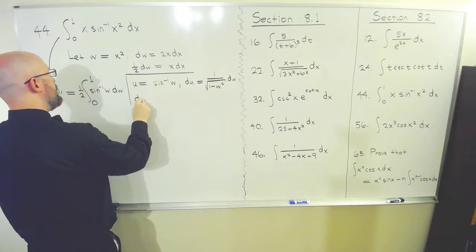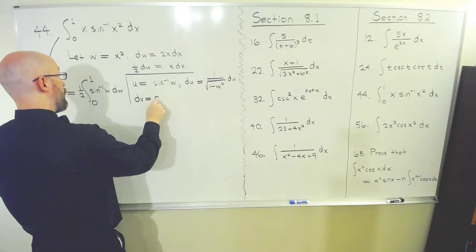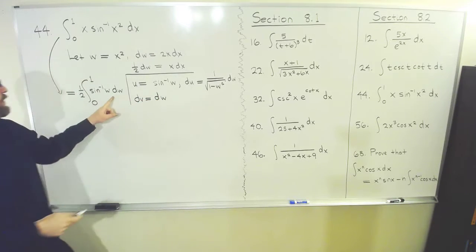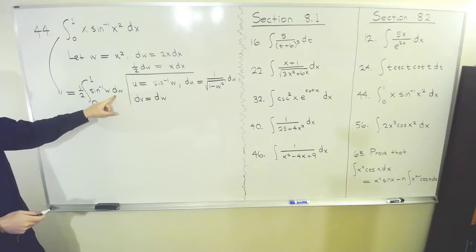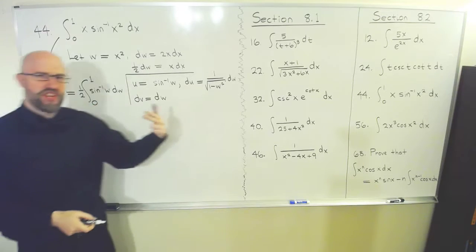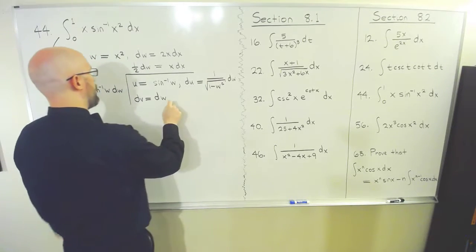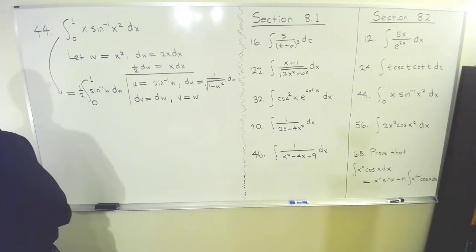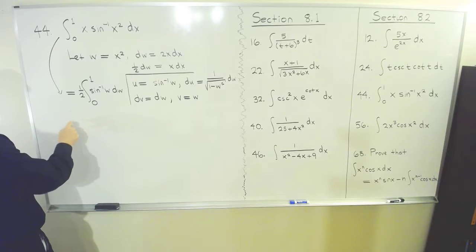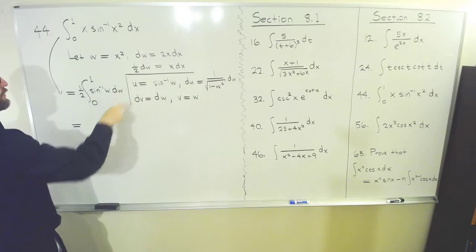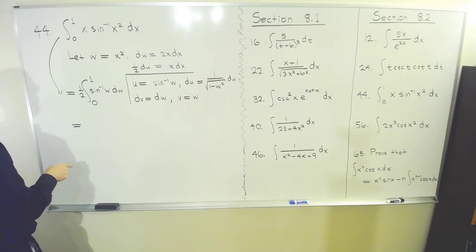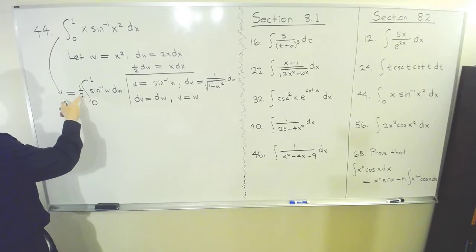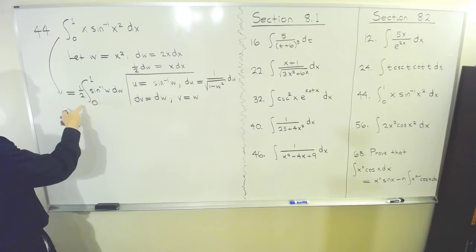And then we're going to choose dv to be just whatever's left, which is only dw. And this seems like a strange choice, because you could think, how am I really changing anything? Well, watch what happens. So now v equals w. Now if I put this into the integration by parts formula, this will say this equals, I have my uv, so, well, there's a 1/2 out in front.